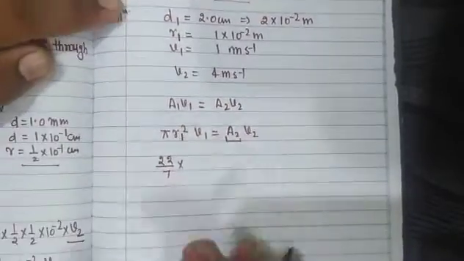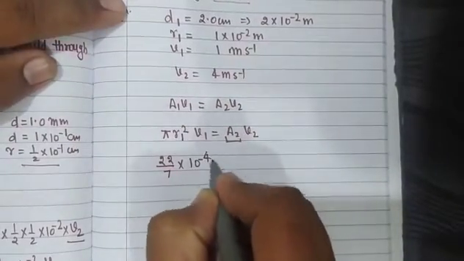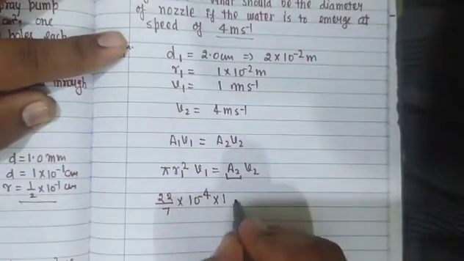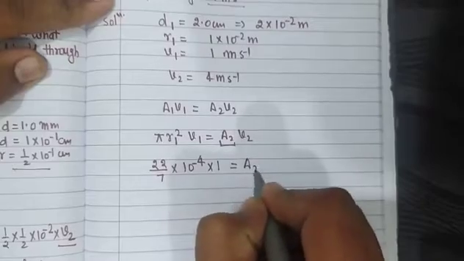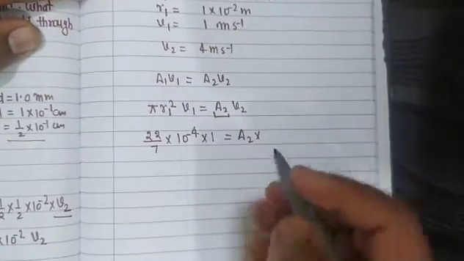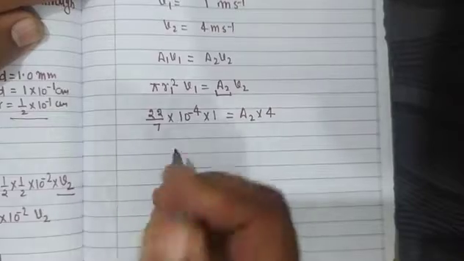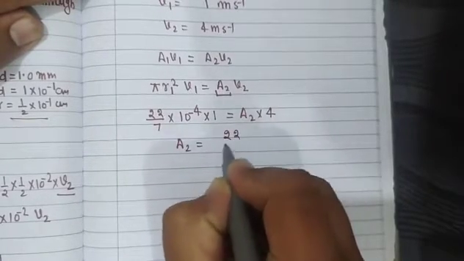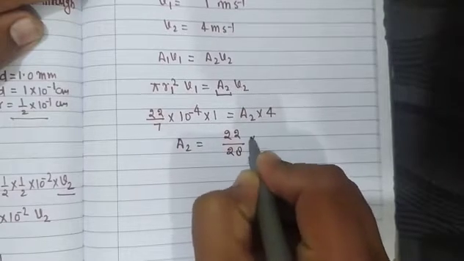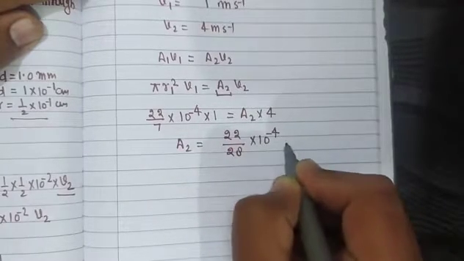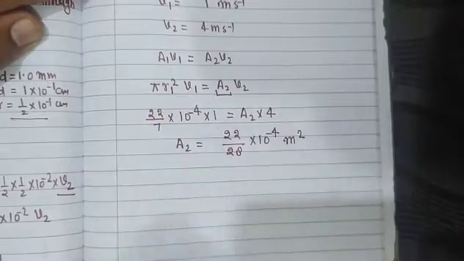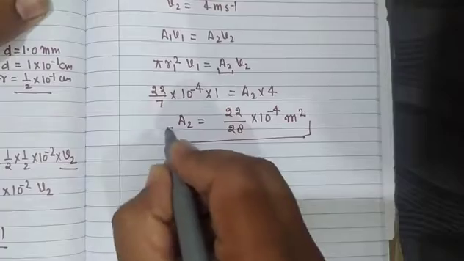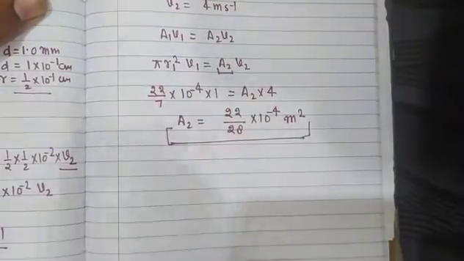So R1 square will be 10 raised to the power minus 4 multiplied by V1, that is 1 meter per second, is equal to A2 multiplied by V2 is 4. So simply we can see A2 will be equal to 22 over 28 multiplied by 10 raised to the power minus 4 meter square. So you can calculate it and convert it into centimeter square.